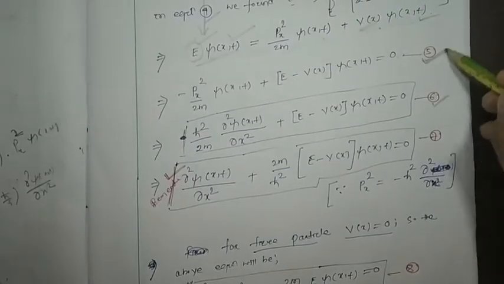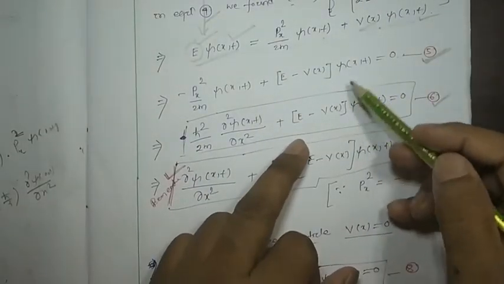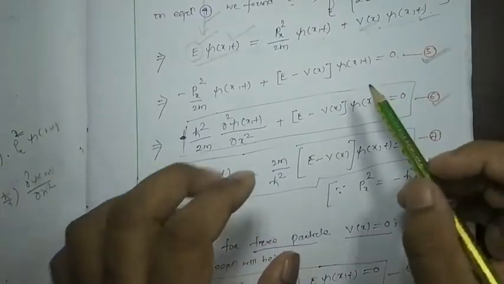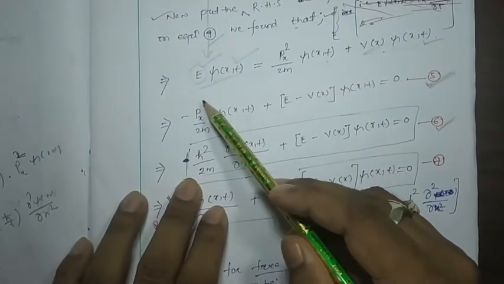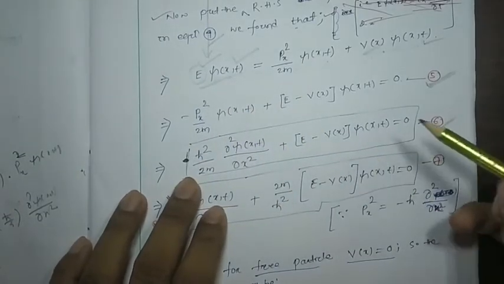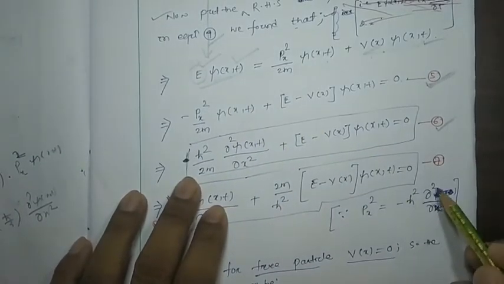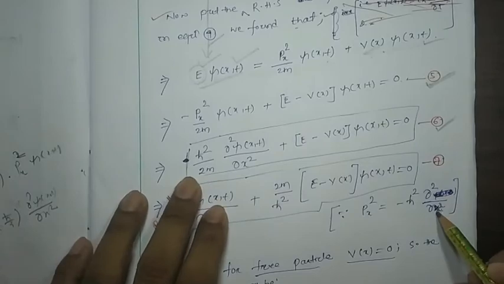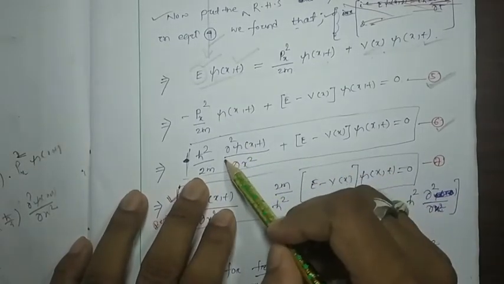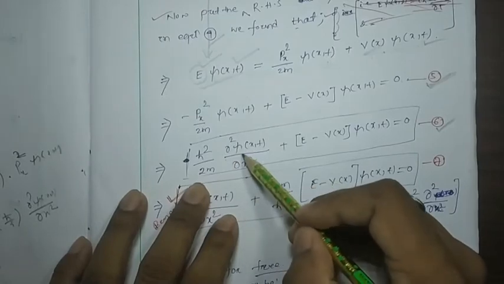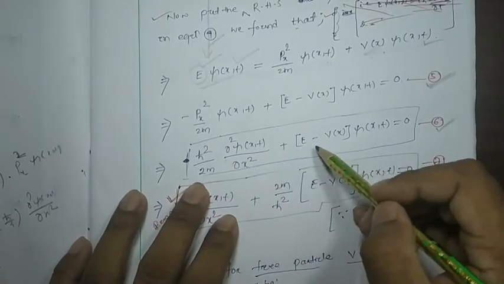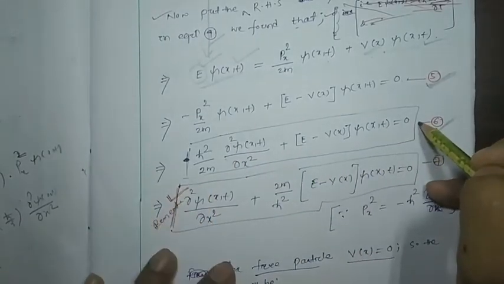Here I just interchanged the value, nothing extra. Instead of px square we have substituted minus h cross square del square by del x square. So the expression becomes h cross square by 2m del square psi xt by del x square plus e minus vx psi xt equal to 0.